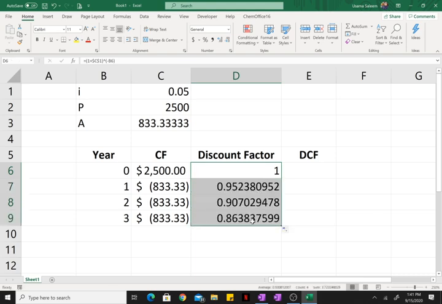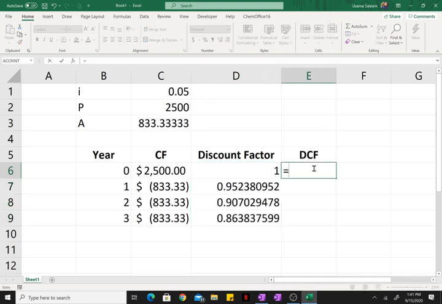And as the year progresses, the discount factor becomes smaller and smaller. This shows that money loses its value as time goes on. And to discount each cash flow, you just have to multiply the cash flow by the discount factor.